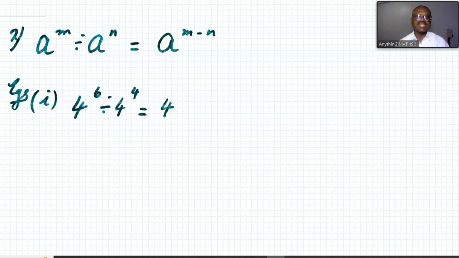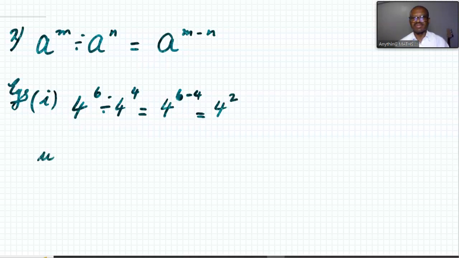We have powers 6 and 4. You have to maintain them, so the 6 comes before the 4. So it's supposed to be 6 minus 4. Don't change the positions. And 6 minus 4 is 2. So 4 raised to the power 2.